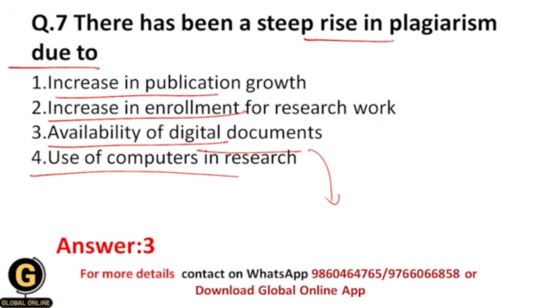In the past there wasn't that much availability of digital documents, everybody had to read the physical copies of books or research papers, so not everybody could access them, and there wasn't that much problem of plagiarism. But in today's world everyone is using digital documents, and because of that there is a rise in plagiarism. That's why your correct answer should be 3.